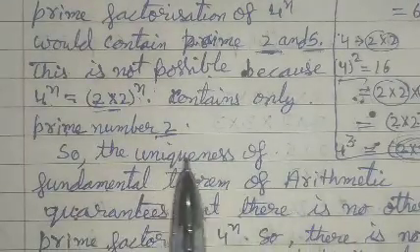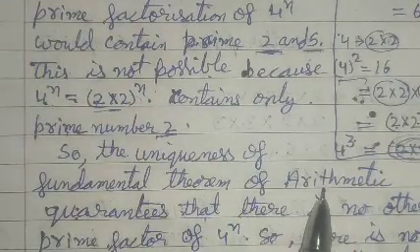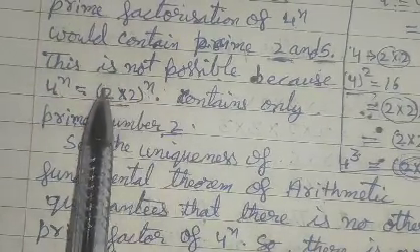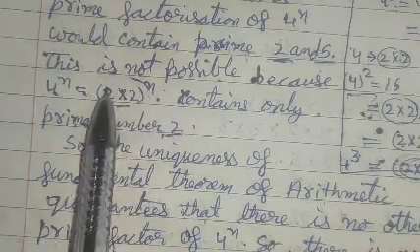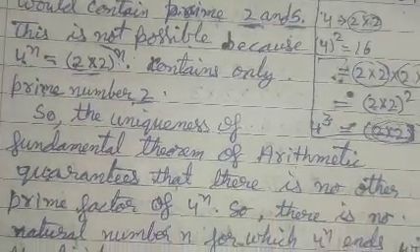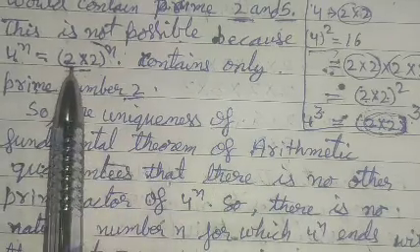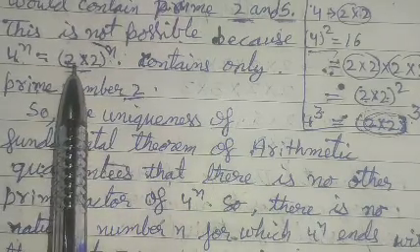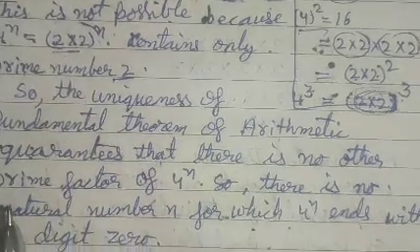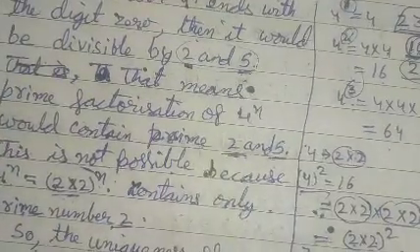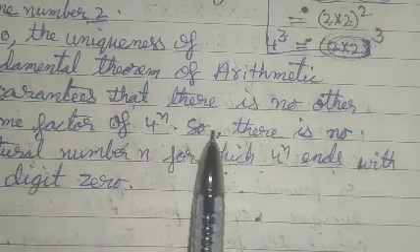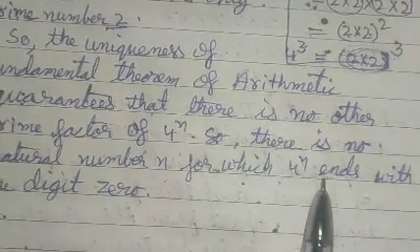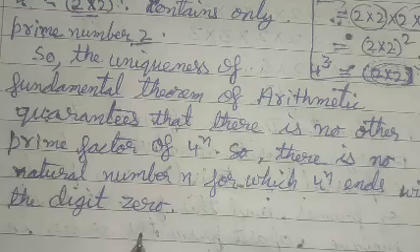And the uniqueness of the fundamental theorem says that the prime factors of a number do not change. That means we will not get any other prime factor except 2. As we have seen, we need 5 also, and we are not getting 5. So 4 raised to power n will never end with digit 0 for any natural number n.